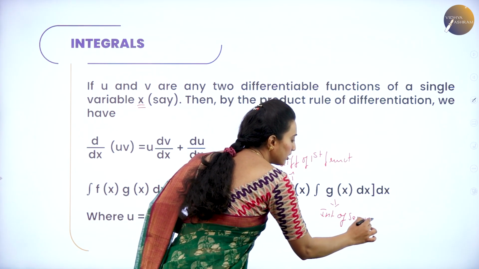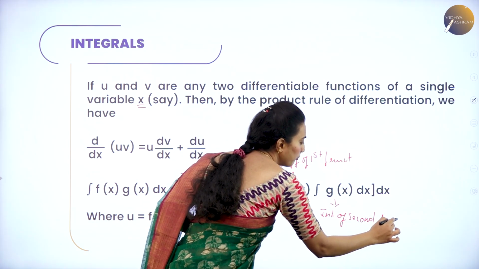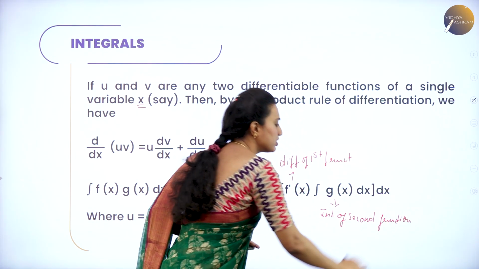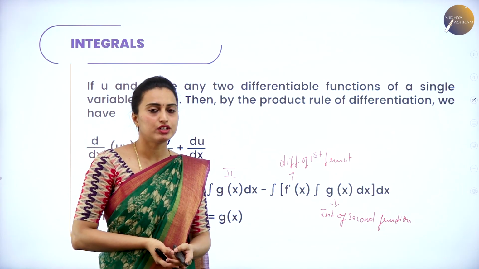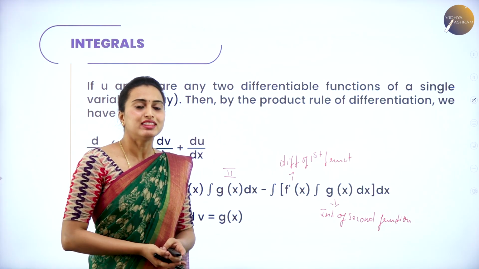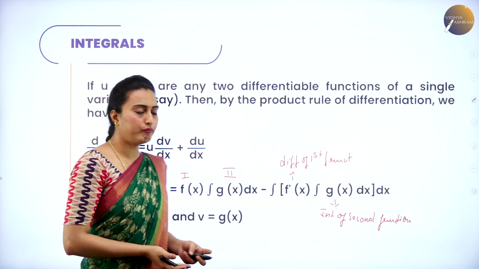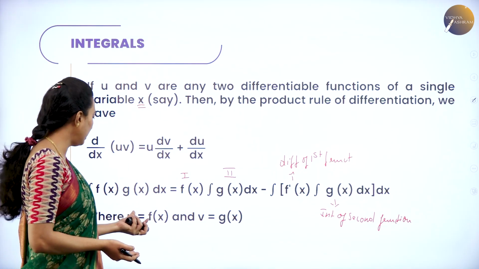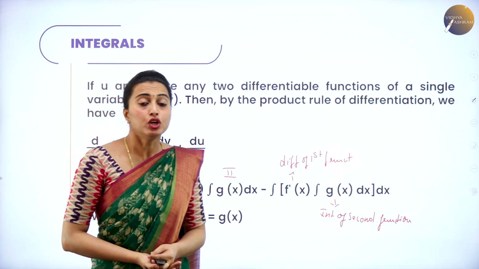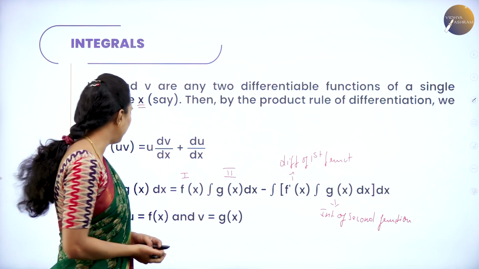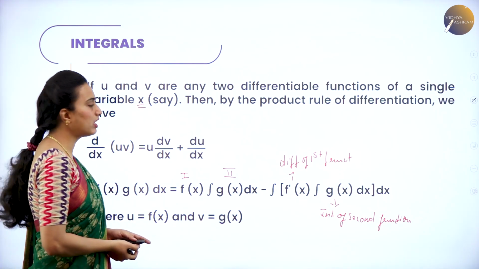So the first function is f of x and the second function is g of x. Therefore, integration by parts will go by the formula like this, where u is equal to f of x and v is equal to g of x. You can write it in the form of u and v also.